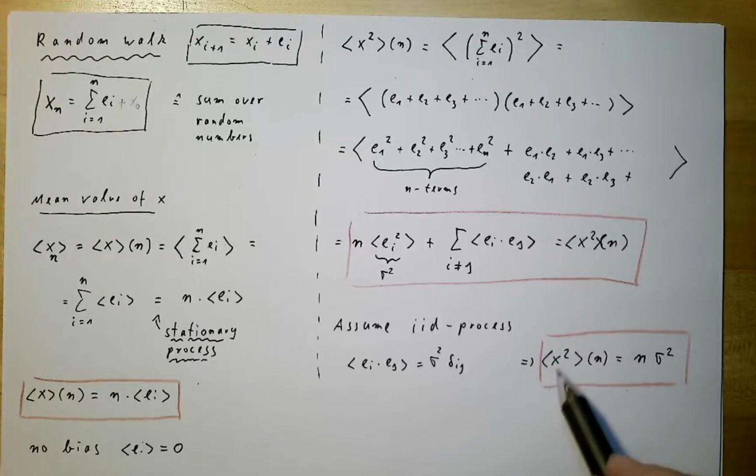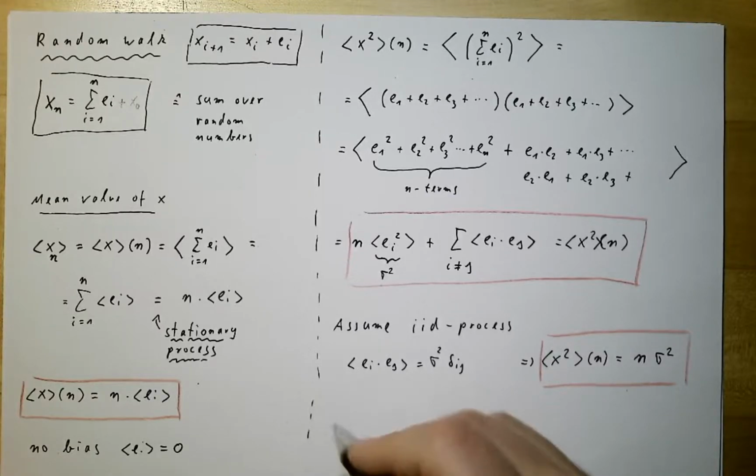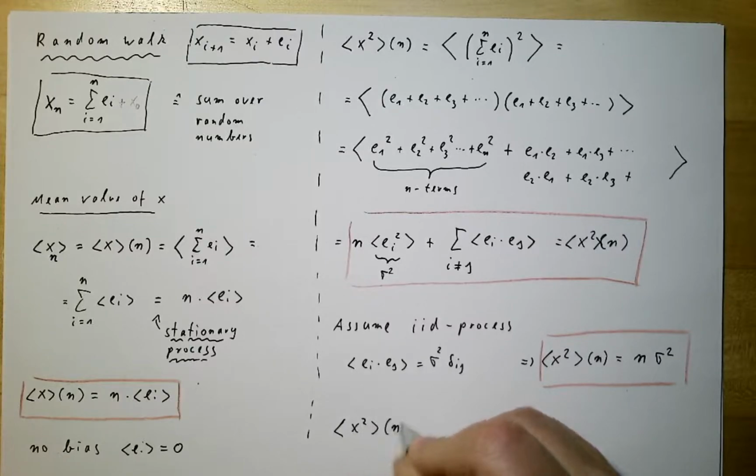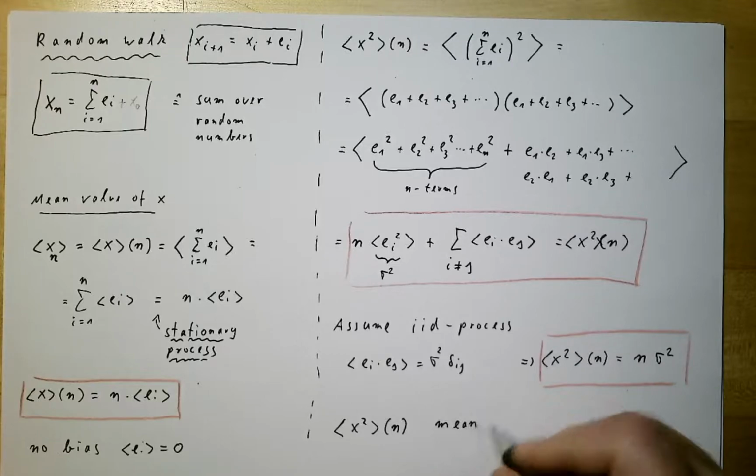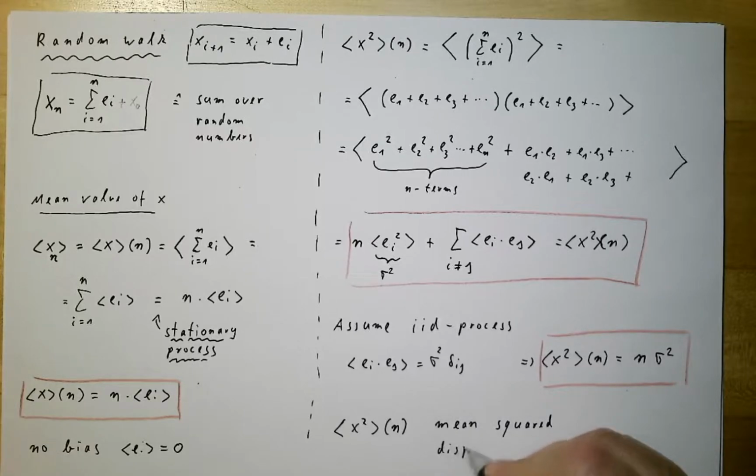We call this quantity here, in random walk theory, the mean squared displacement. So this here is a function of n. It's the mean squared displacement.